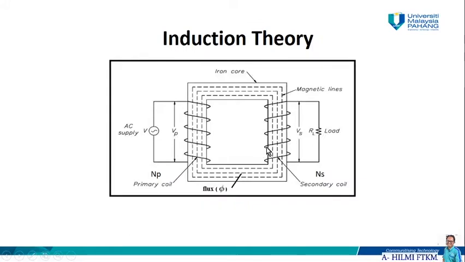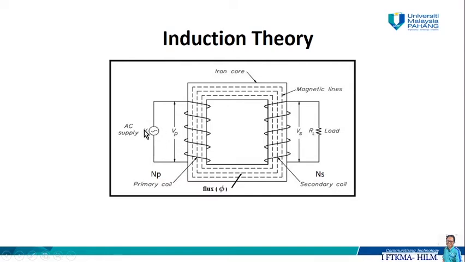Next, we are going to understand how a transformer works based on induction theory. In this figure, we have two different circuits. The first circuit is the primary, and the second circuit is the secondary. These two circuits are connected by an iron core. Transformers only work with an AC supply.